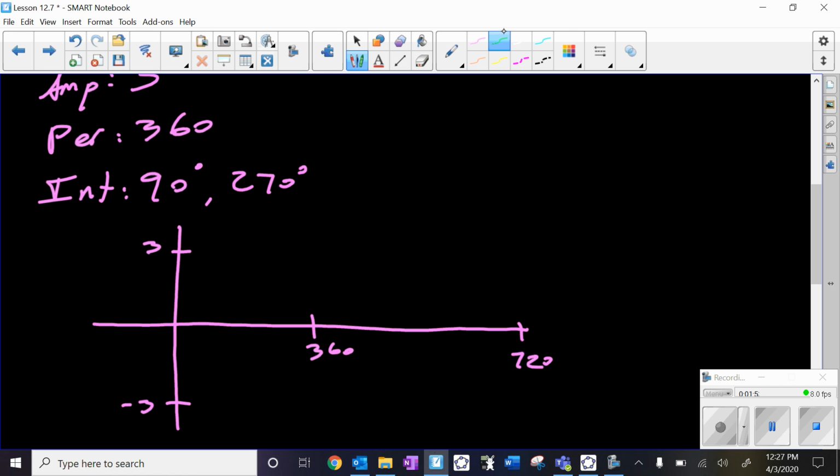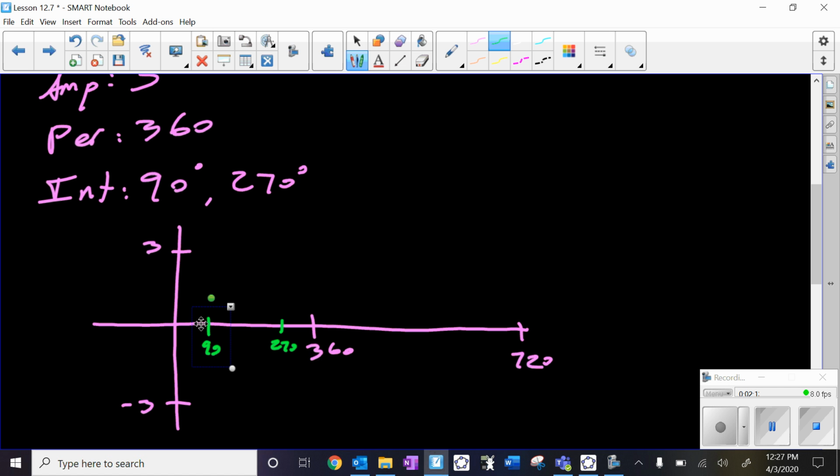As far as our intercepts go, we have one that's at 90, and we have one that is at 270. To find the ones that are in between on my second cycle, I'm really just adding 360. I'm adding a period to these locations.